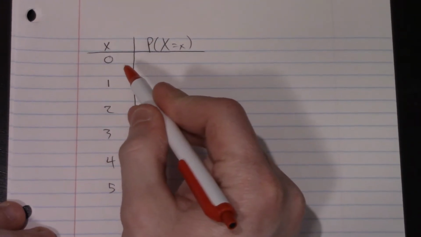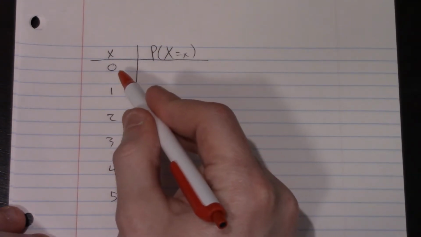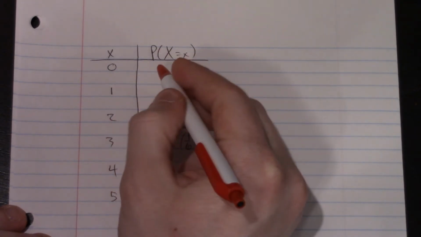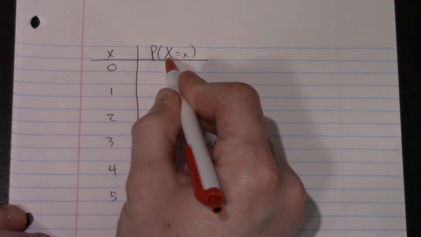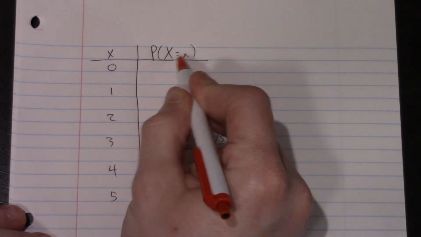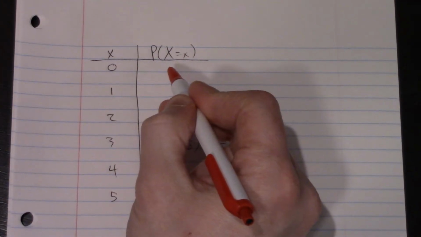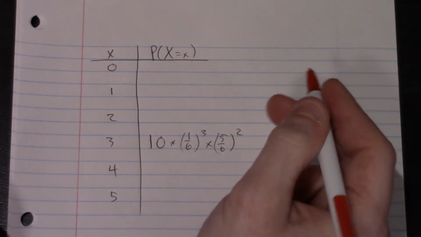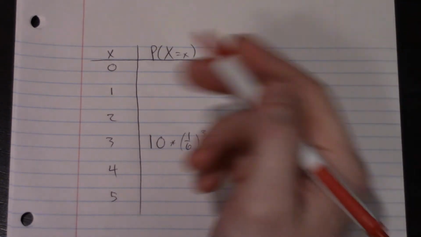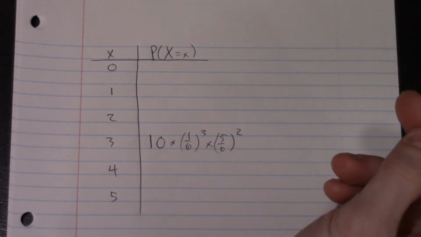So let's imagine we want to find the probability that x is 0. So translating that, what's the probability that the number of 5s in our 5 rolls is 0? So what's the probability we roll 0 5s? What that means is we roll all not 5s.